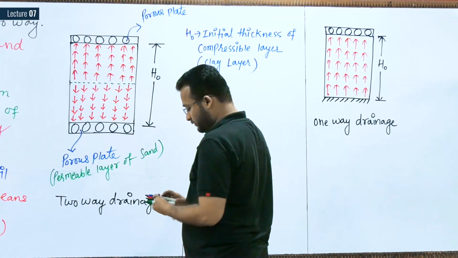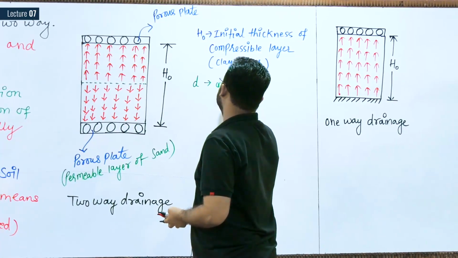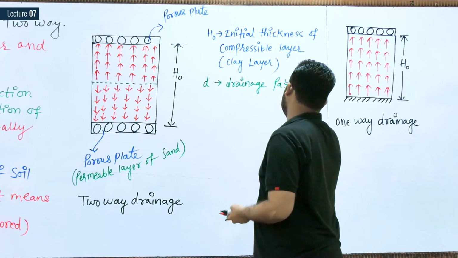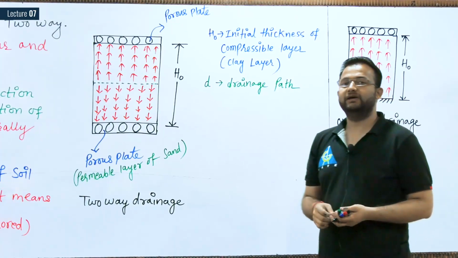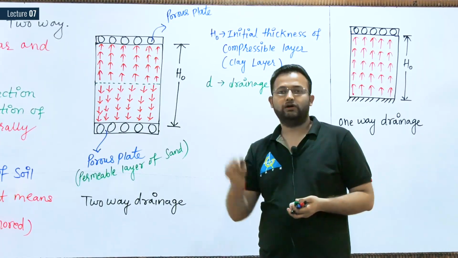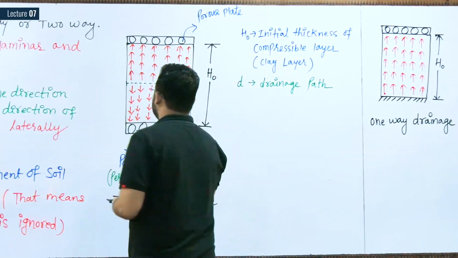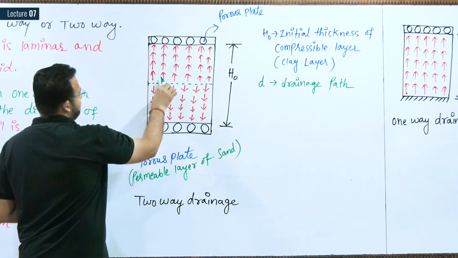Here we want to find D, the drainage path. Now what is the drainage path? What is the length of the drainage path? Drainage path means the length of water covered in the soil. You can observe water started its journey from here to here.